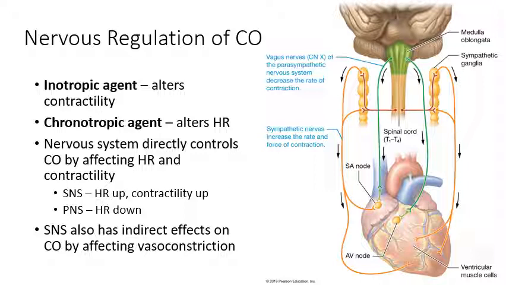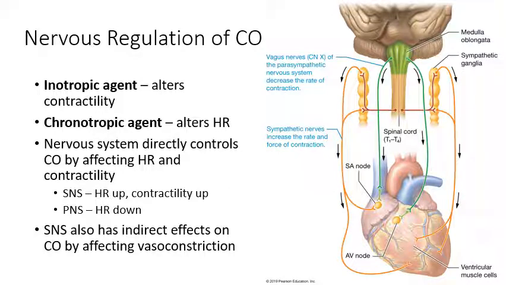Cardiac output is regulated by the nervous system and by the endocrine system. The nervous system regulates it using the sympathetic nervous system and the parasympathetic nervous system. So you have both the SNS and the PNS sending axons to the SA node so they can control heart rate.